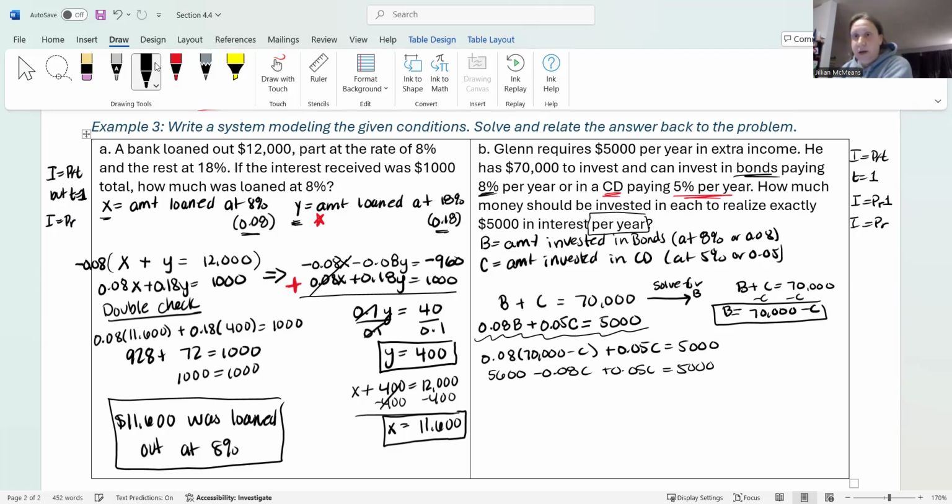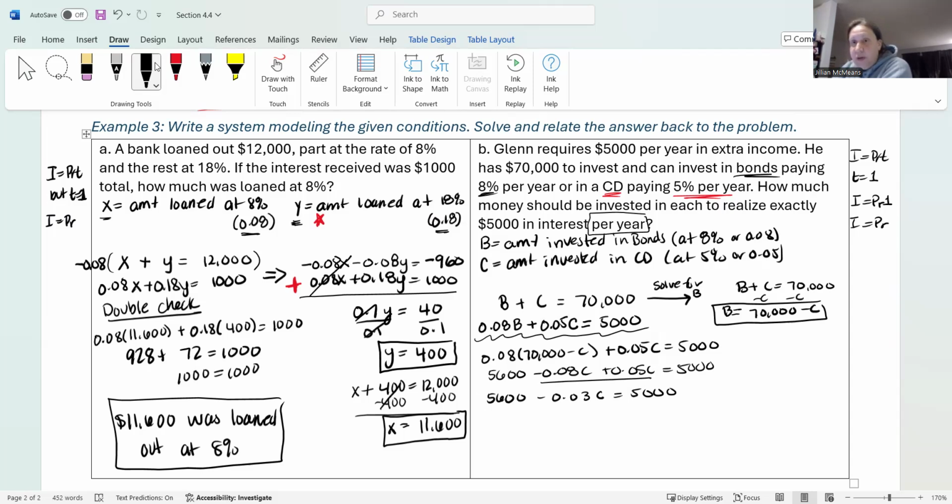We're just solving a regular old equation at this point. We need to combine like terms. We've got two C terms. We want one C term. So negative 0.08 plus 0.05 is going to be negative 0.03. Use a calculator if you need to prove that to yourself. So we get 5,600 minus 0.03 C equals 5,000.